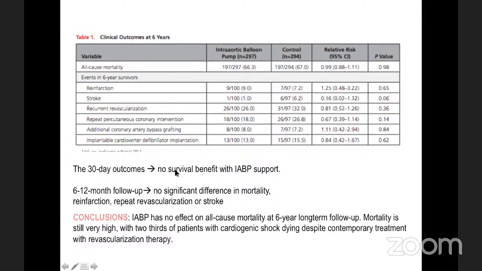At 30 days, no survival benefit with intra-aortic balloon pump, and at around 6 to 12 months of follow-up, no significant differences in mortality, reinfarction, or repeat revascularization. The intra-aortic balloon pump is used only for the hemodynamic stability of the patient, but in terms of survival, there is no benefit according to the literature and this trial.